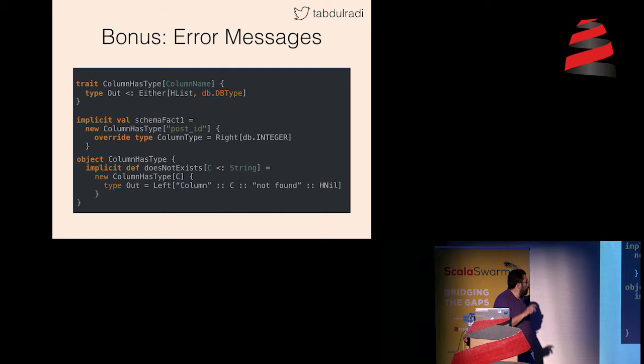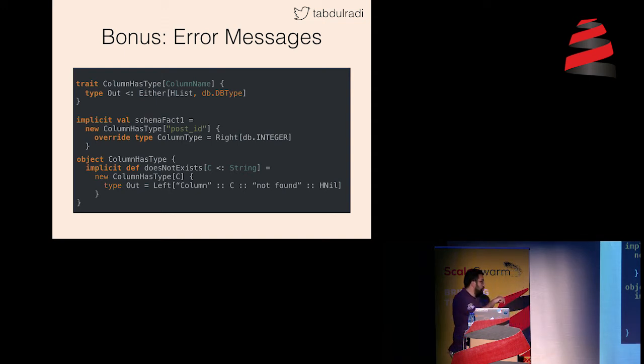So I put a low priority instance that says, all right, for whatever column you have, called C, there is an instance called column has type, and the type output is a list of error messages defined in this funny way. So this is an HList of literal types. Colon is a literal type, a string. C is whatever input you have, and not found.